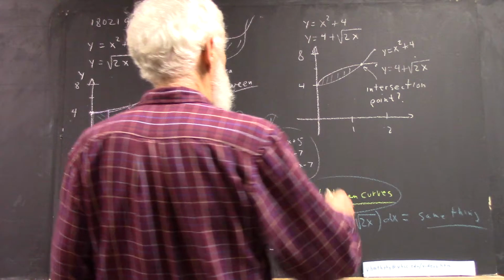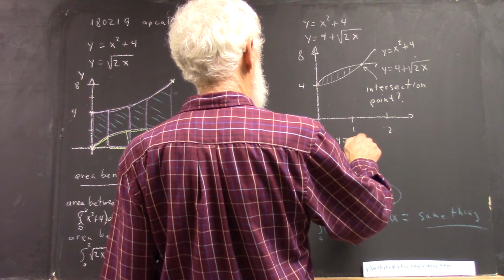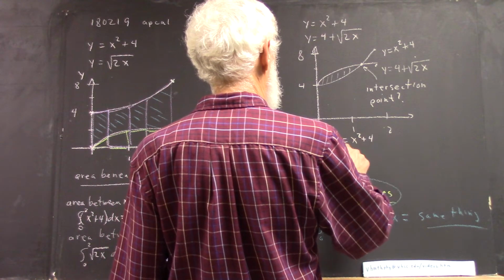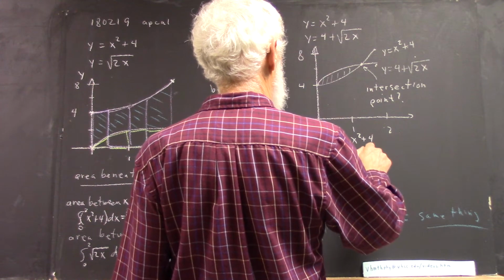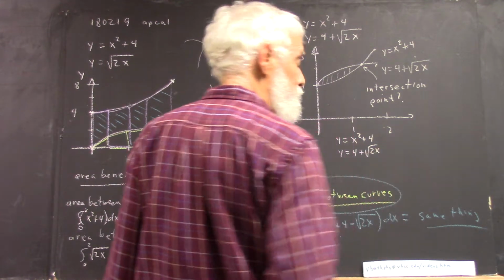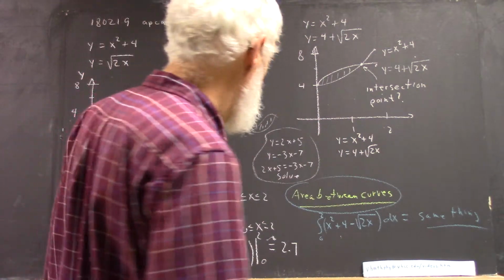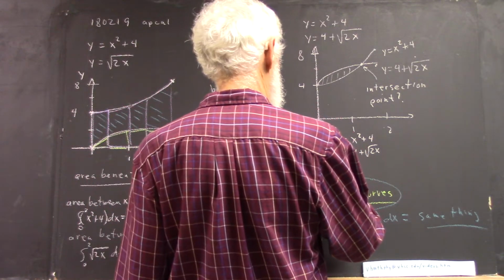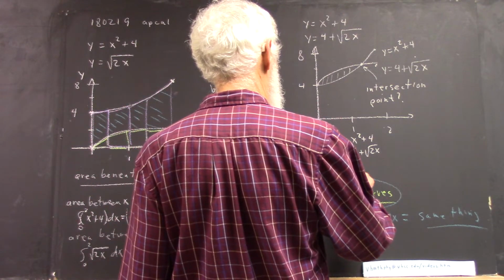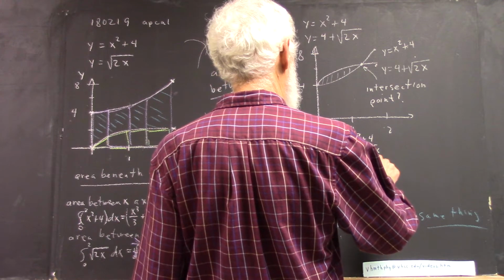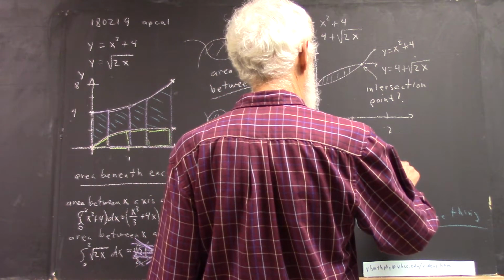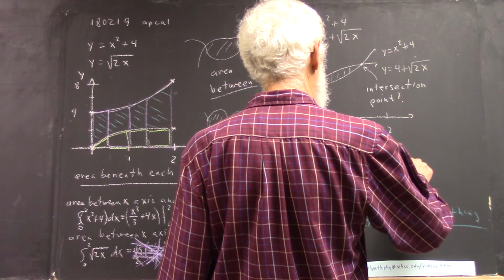Well, up here, now you've got y equals x squared plus 4, and y equals 4 plus the square root of 2x. Okay? So we solve x squared plus 4 equals 4 plus the square root of 2x.